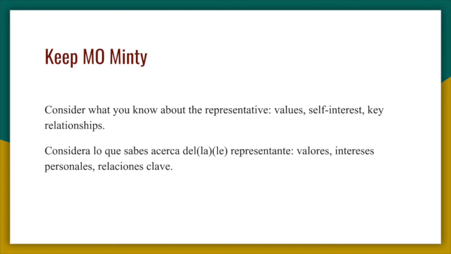For the individuals who are not the legislator, you are welcome to ask your legislator friend in your group questions to understand their values, their self-interest, any key relationships they might have, and perhaps arriving at the question of how you think they might have the power to change something.